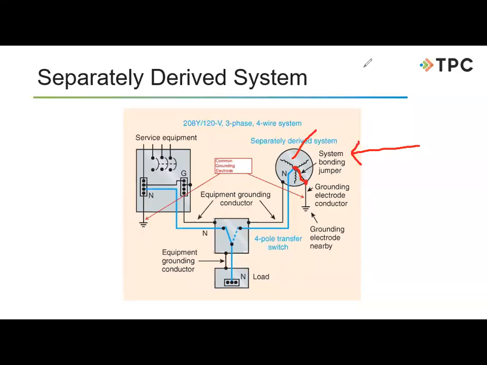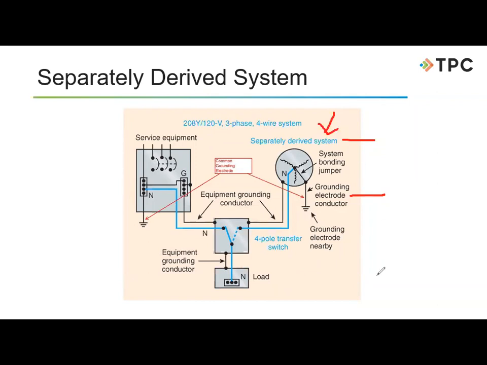So that does tell us that we do have a separately derived system. What does that mean for us? That means for us that we do have to get a grounding electrode conductor out at the location of the generator. So no question about that. And one of the easiest ways is we normally would find some building steel, and we would CAD weld to that building steel and get that grounding electrode conductor out to that generator. That is the easiest way.